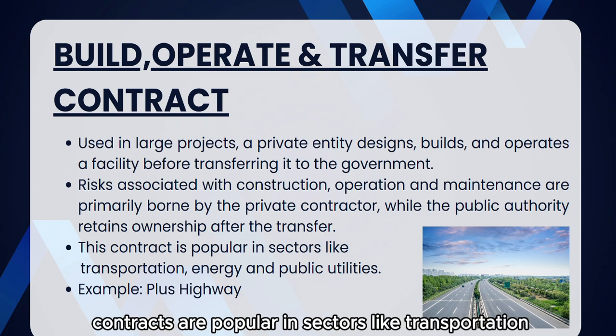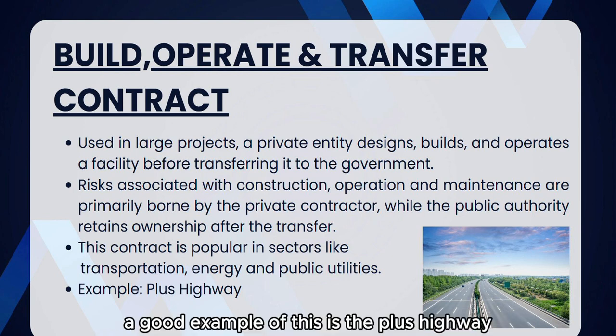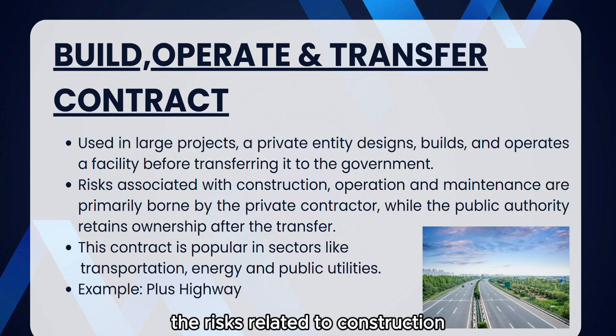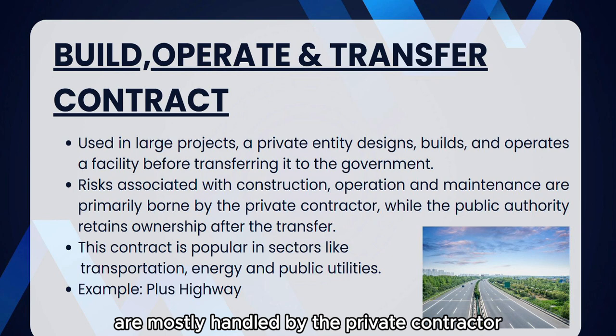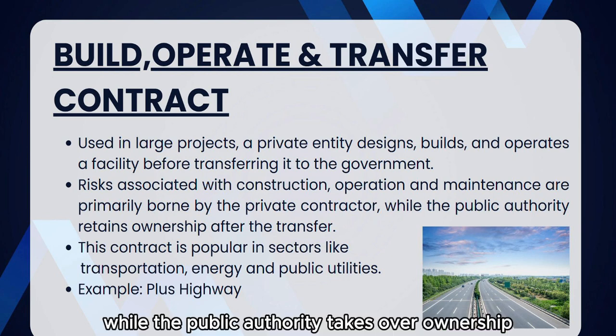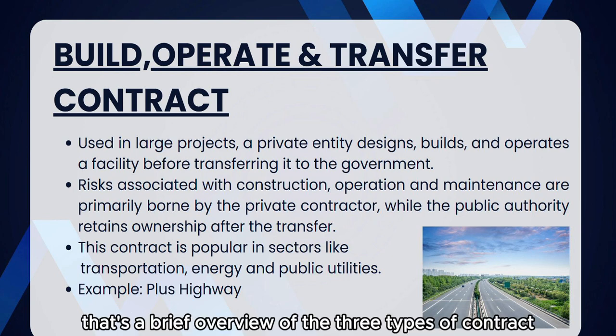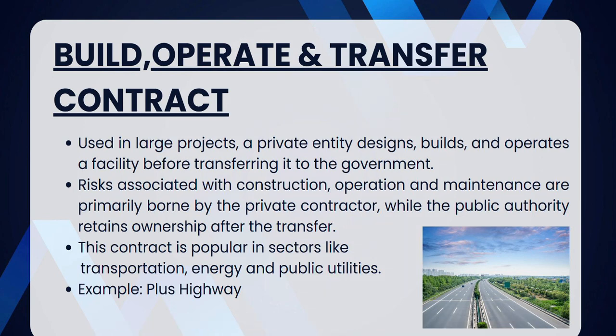BOT contracts are popular in sectors like transportation, energy, and public utilities. A good example of this is the Plus Highway. The risks related to construction, operation, and maintenance are mostly handled by the private contractor, while the public authority takes over ownership after the transfer period. That's a brief overview of the 3 types of contract.